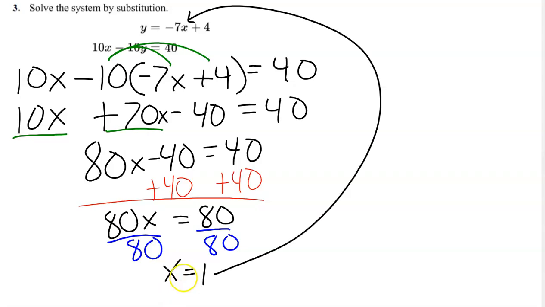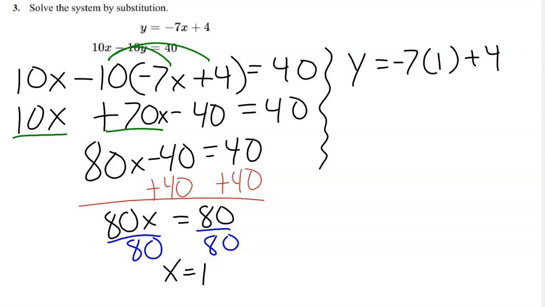Alright, now I'm going to take it and plug it back in. Now that I know what x is, I'm going to plug it back in for x. So now I have y is equal to negative 7 times 1 plus 4.